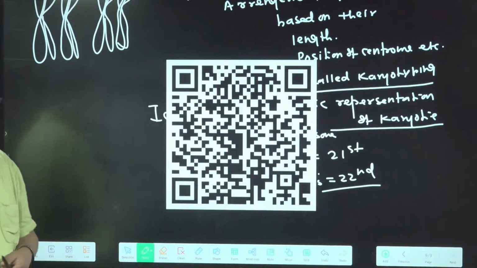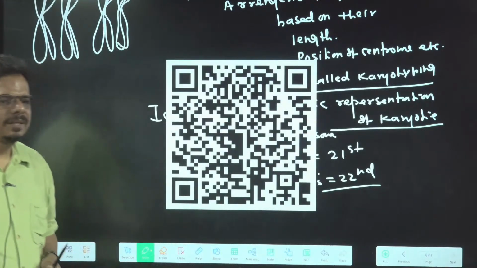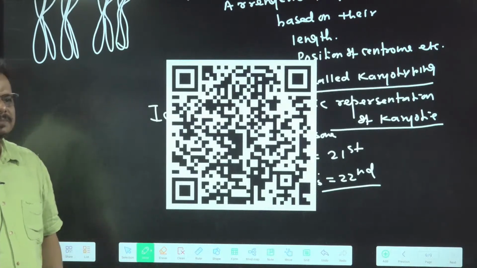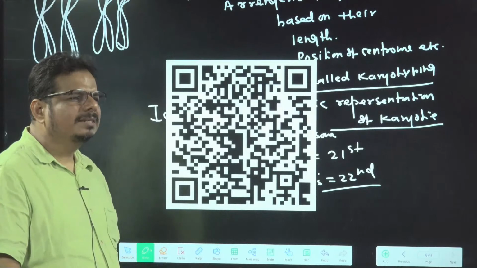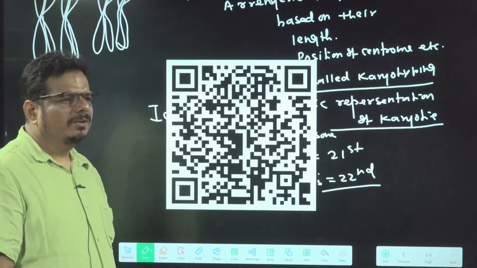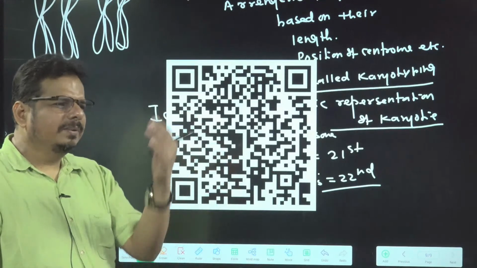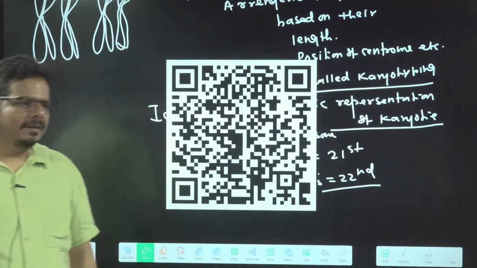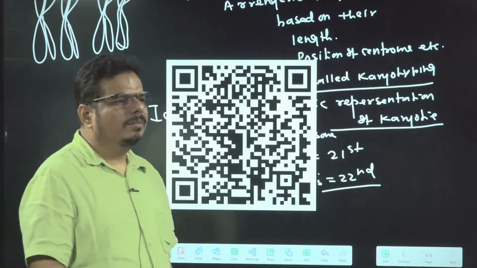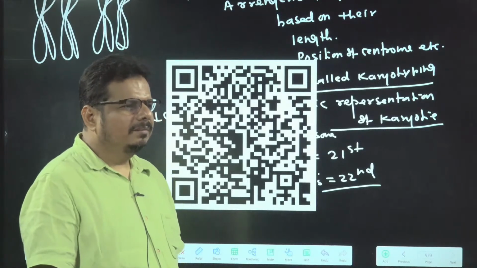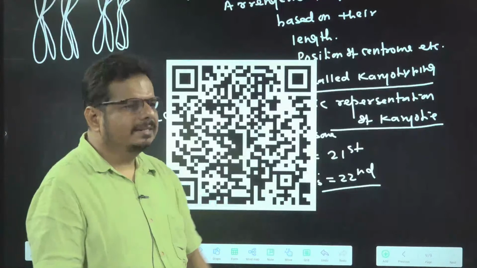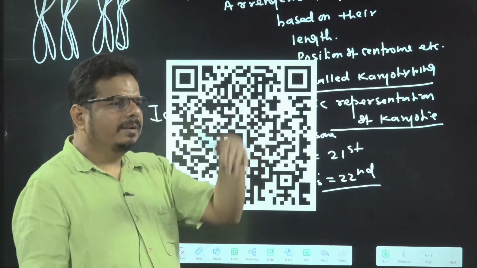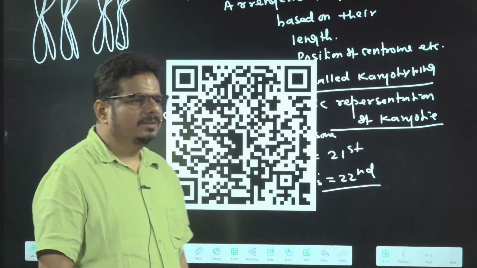You just scan it, the board will come to you. Biomolecule is up to amino acid, probably. In one lecture we will finish up to there, don't worry. In the next lecture, for 5 minutes I will teach you about giant chromosomes. Because it is not in NCERT, I will just give the lines that are probably going to be asked in the exam, and after that we will start biomolecule.